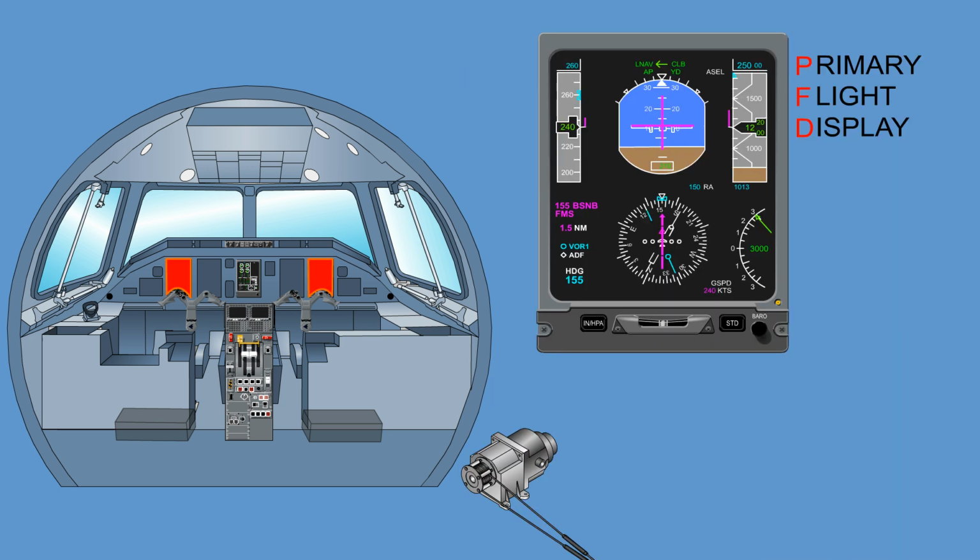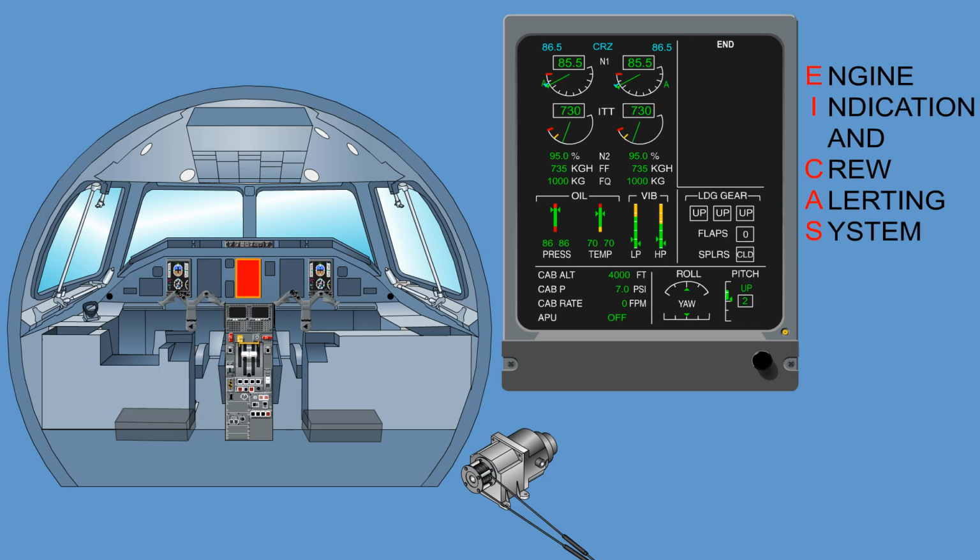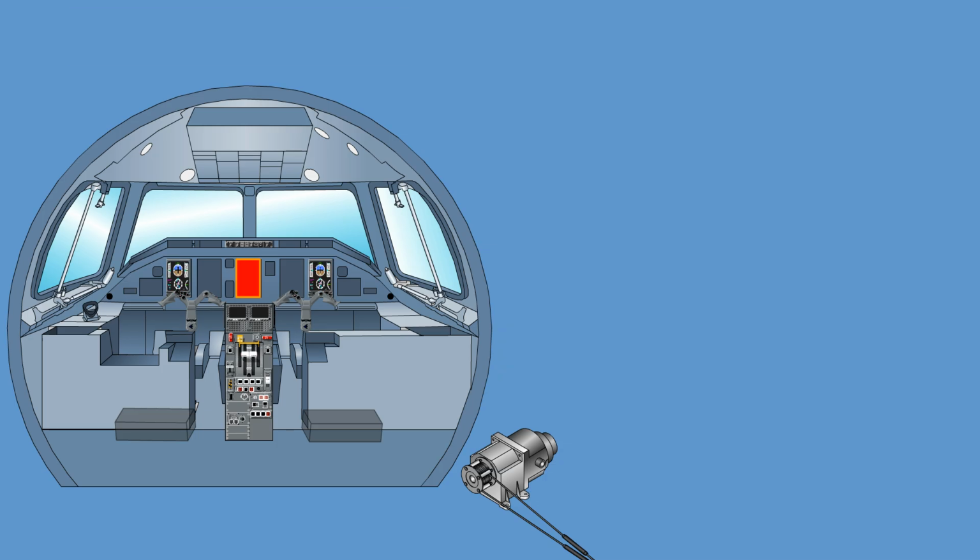For display purposes, the Autoflight system makes use of the primary flight displays and the engine indicating and crew alerting system display.